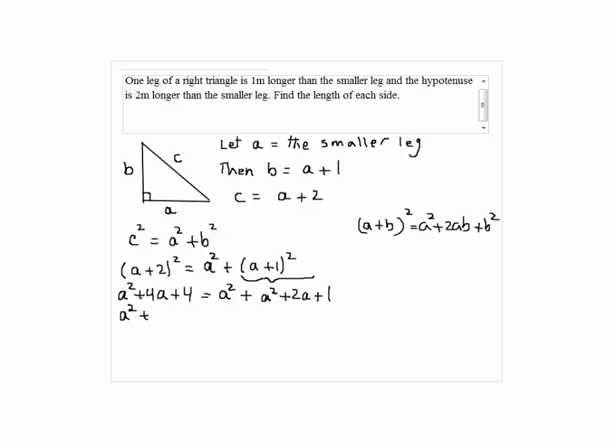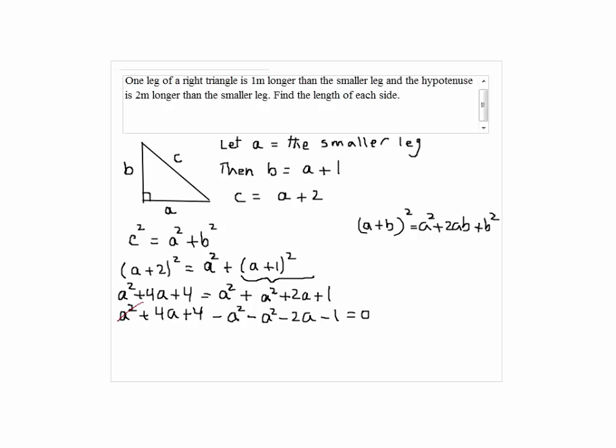So if I move all the terms to one side of the equation, I would get minus a squared minus 2a minus 1 equal to 0. We move each term to the left, its sign changes to the opposite sign.